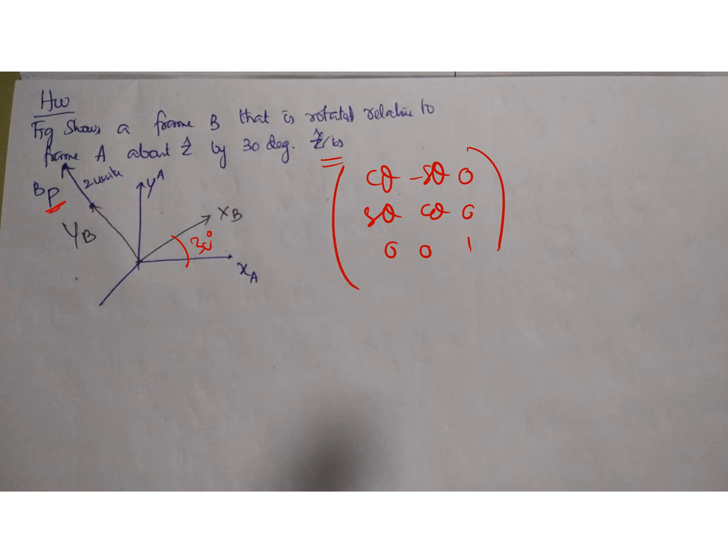This point is translated by 2 along the y-axis, which means no translation in the x-axis, 2 in the y-axis, and 0 in the z-axis. So just multiply, putting theta as 30 degrees, and you will get the new value, which is the point P with respect to A.